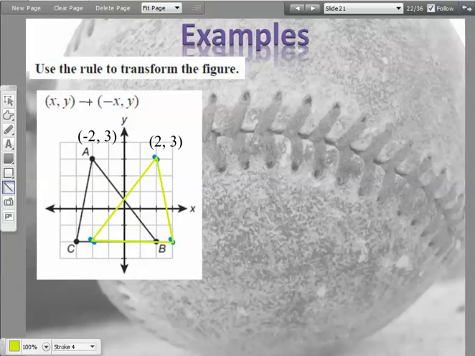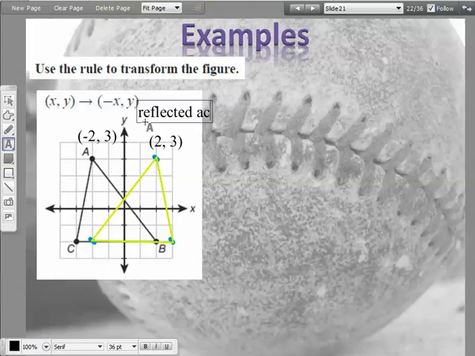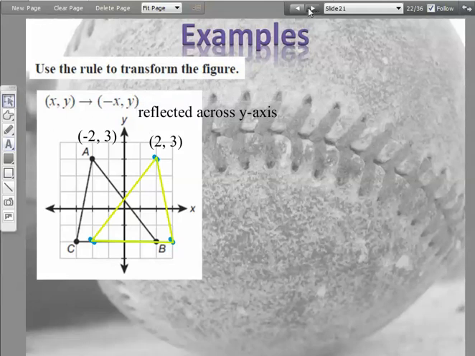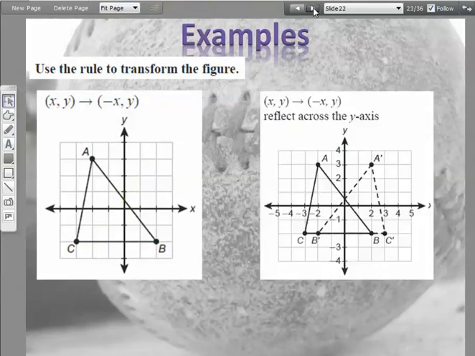Okay, because remember what the rule says, when you go over the y-axis, your x's will be opposite and your y's will be the same. So I'm going to put that over here, reflected across y-axis. I don't know why I'm doing this, because it's all on the next slide, but there we go.